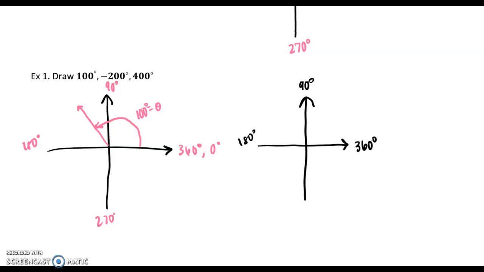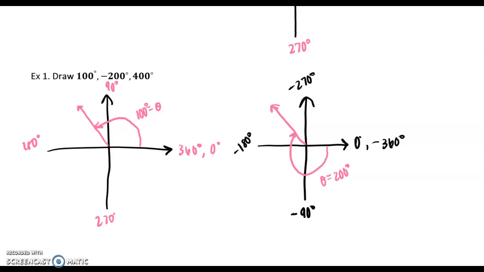So this is now going to be negative 90 degrees, negative 180 degrees, and negative 270 degrees. So you just basically do the same stuff, but you go in the opposite direction. 0, and then negative 360. So now you're going to go ahead and start from that same 0, but you're going to be going in the clockwise direction. So 200 is about somewhere here. So that's where 200 is. So theta is equal to negative 200 degrees.